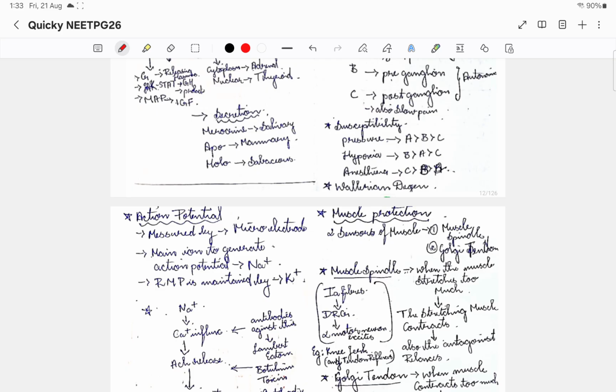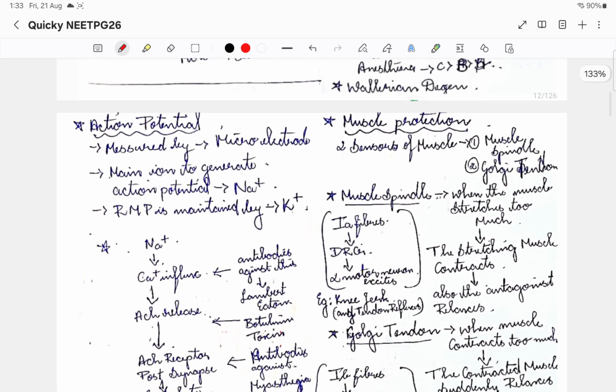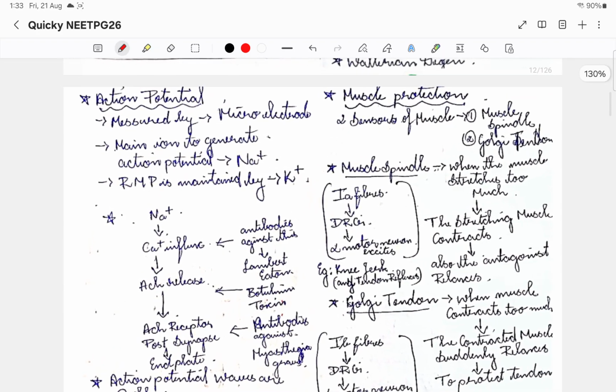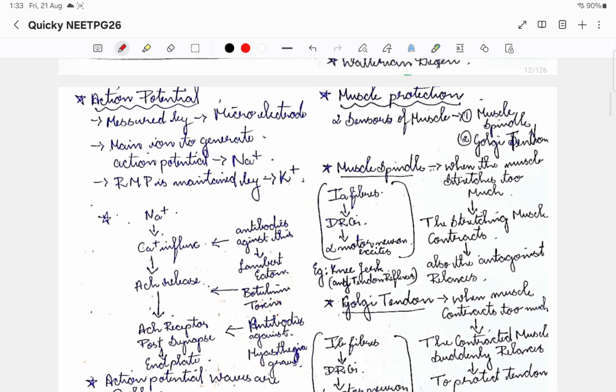Before going into how the action potential works, let us see how it is measured. It is measured by a microelectrode. This is a previous year question, they have asked it. Then the main ion to generate the action potential is sodium.